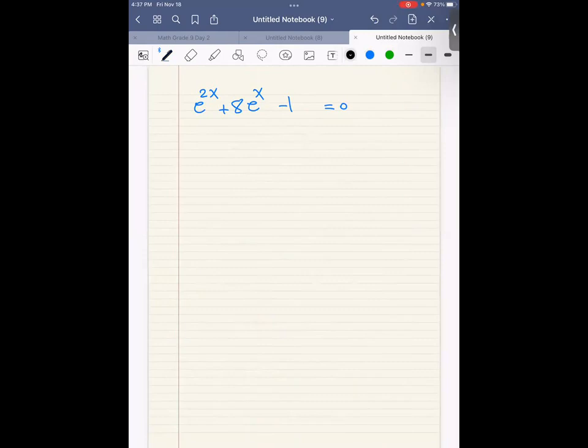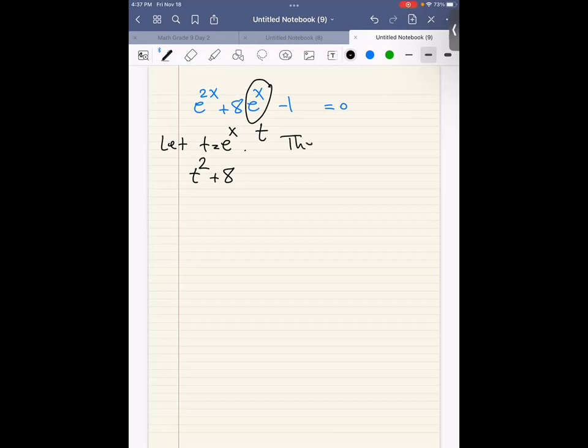You can think of e to the power x as t. So it's basically a quadratic equation, because if you let e to the power x be t, then e to the 2x would be t squared. So I'm writing: let t be e to the power x.